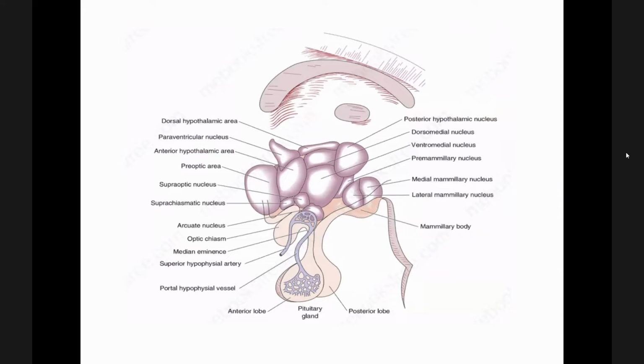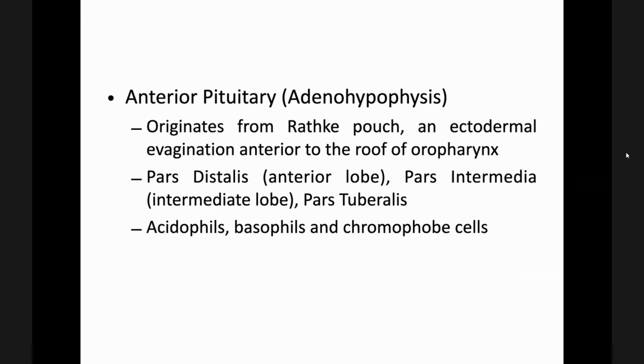The major nuclei are the supraoptic nucleus, the paraventricular nucleus, which are magnocellular nuclei, and the dorsomedial and ventromedial nuclei. Mostly the supraoptic, preoptic, and paraventricular nuclei have their axons coming down to the posterior lobe. So the posterior lobe is a bundle of axons, which is an extension of the hypothalamus.